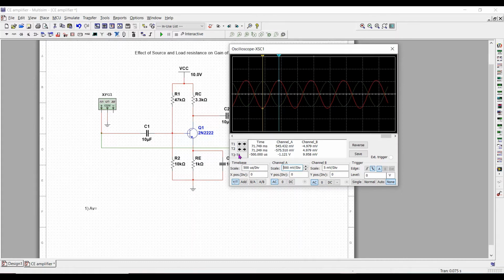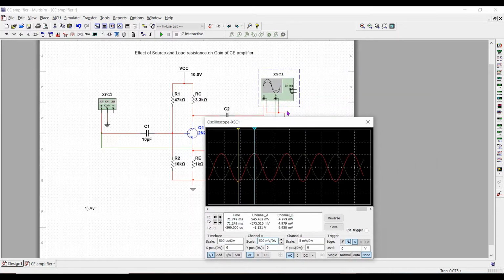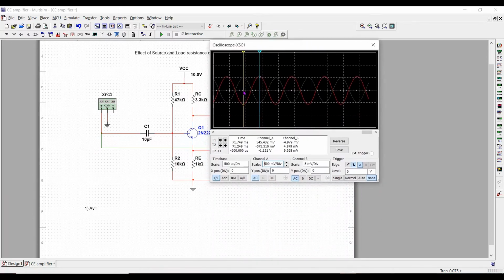Where we can observe the peak to peak value, you have a notation T2 minus T1, then there are time values of this, then there is channel A and channel B. As can be seen on the CRO, channel A is connected to the output, channel B is connected to the input. So channel A gives the peak value of output waveform and channel B gives for the input waveform.